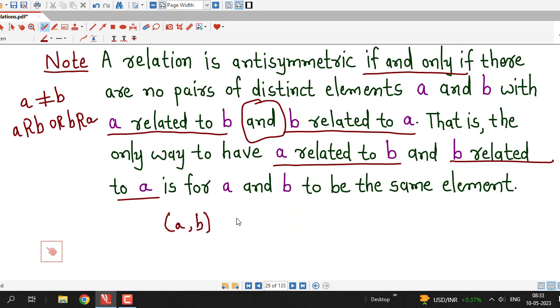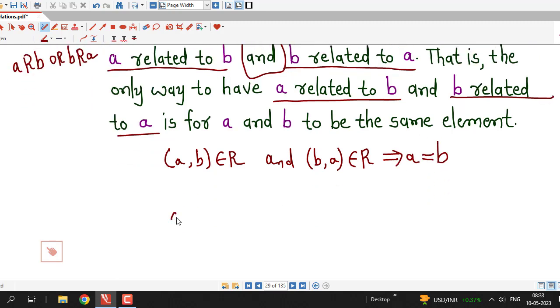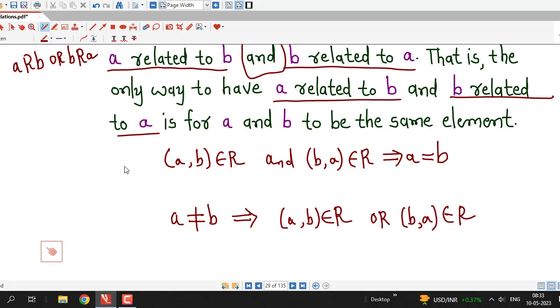So again we repeat, if (a,b) and (b,a) are present in R, then a and b cannot be different. In other words, if a and b are different, then either (a,b) is in R or (b,a) is in R. So this is definition 1, this is definition 2, both are equivalent and we will use whichever definition is comfortable.